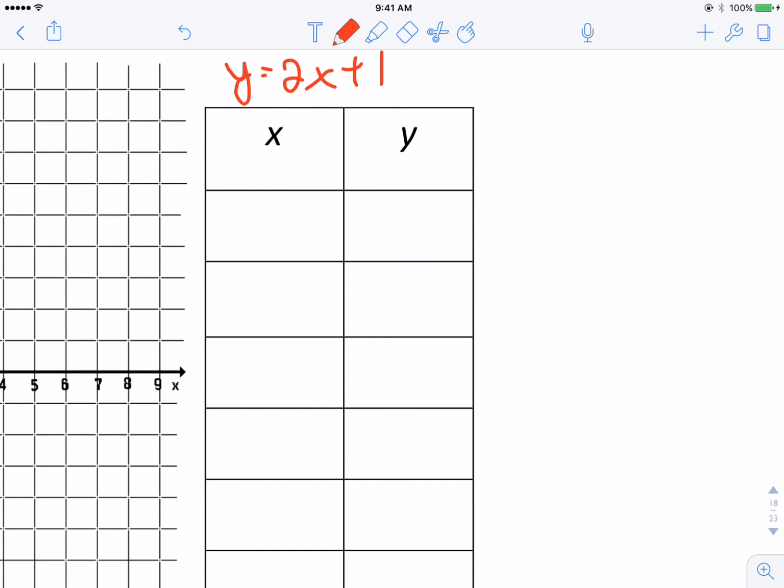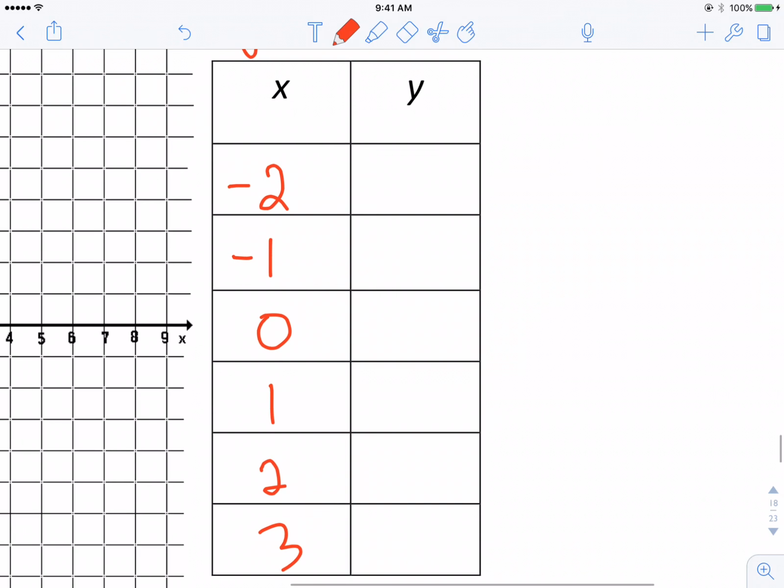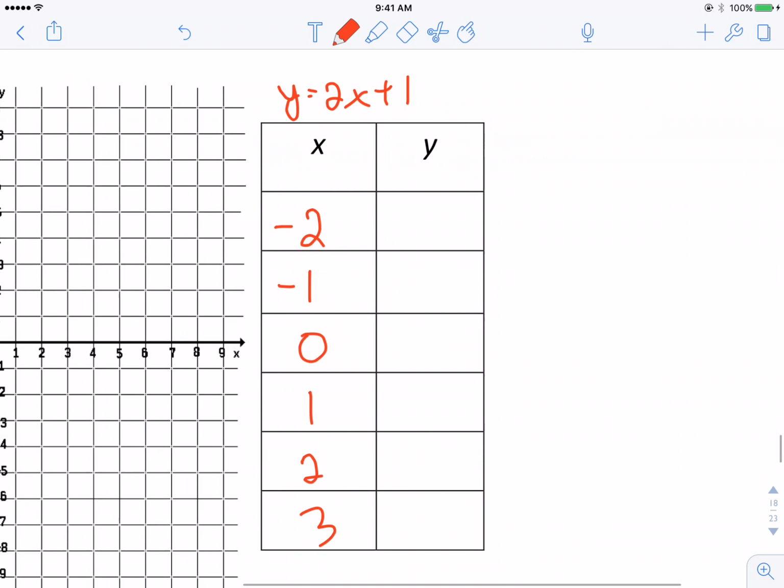I want to see what happens in the negative portion of the graph for x, I want to see what happens in the positive portion of the graph for x, and I also want to use 0 because 0 is a nice easy calculation. So my table, I begin by saying negative 2, negative 1, 0, 1, 2, and maybe 3, seeing as how I have space.